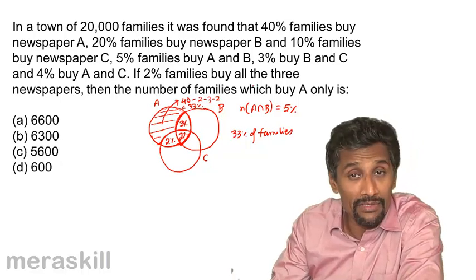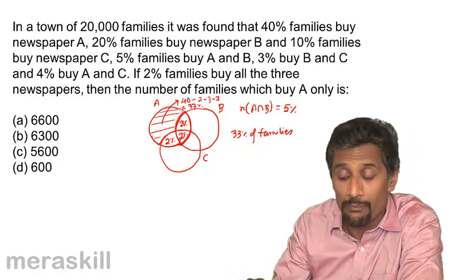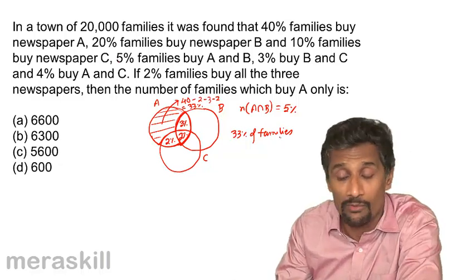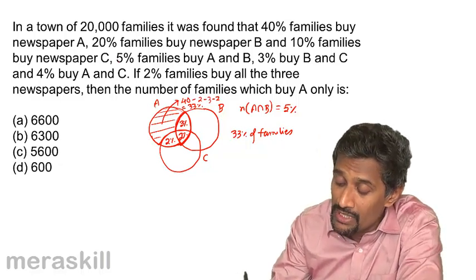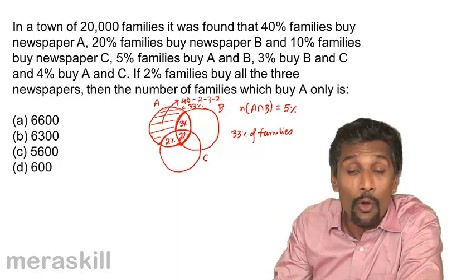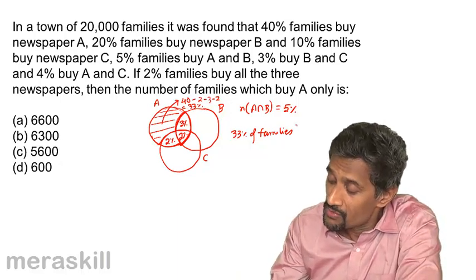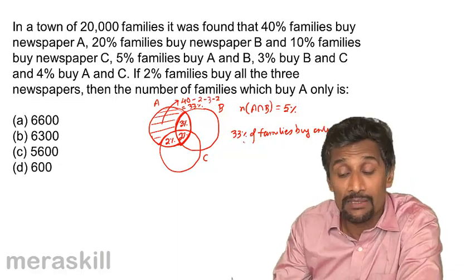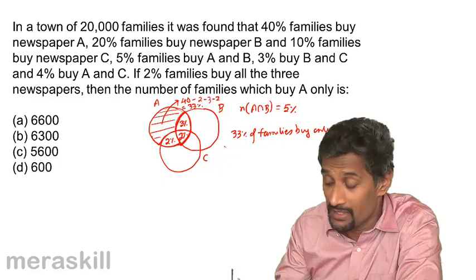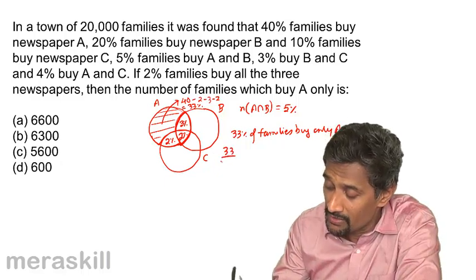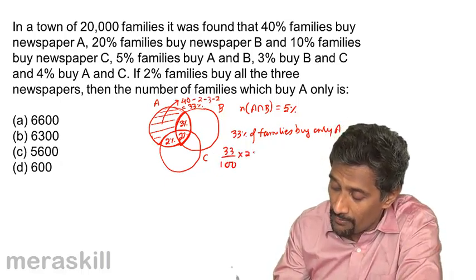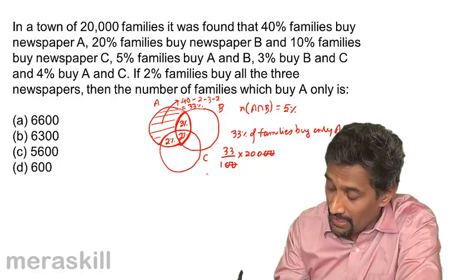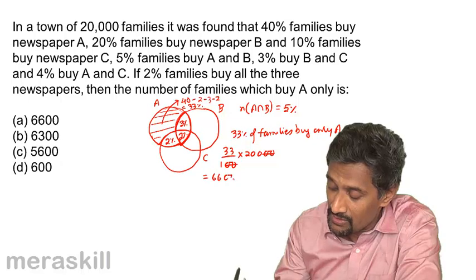If it's not mentioned, it is assumed that everybody buys at least one of the newspapers. So 33% of the total number of families buy only A. So this is in terms of percentage. The total number of families is 20,000, so 33% of 20,000 families buy only A, which turns out to be 6,600.